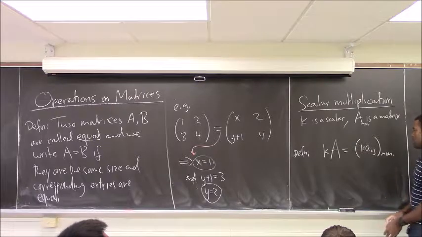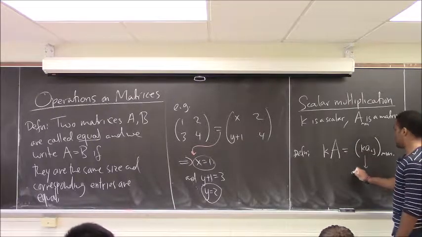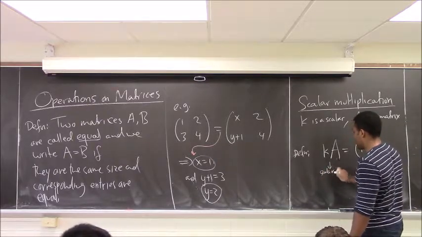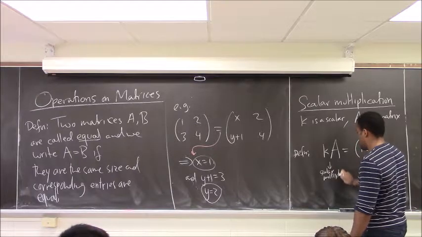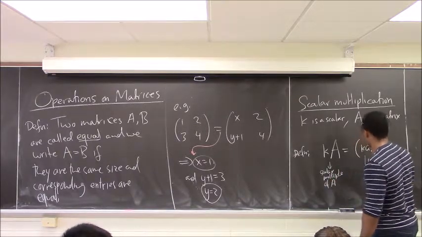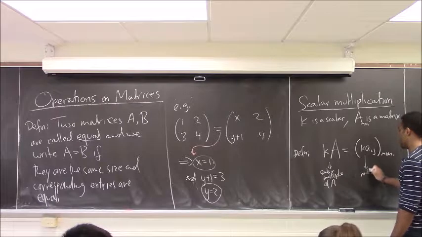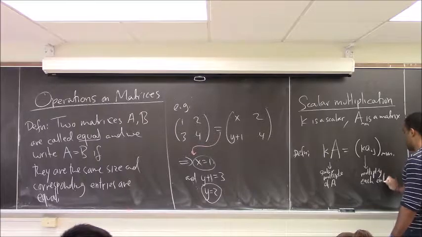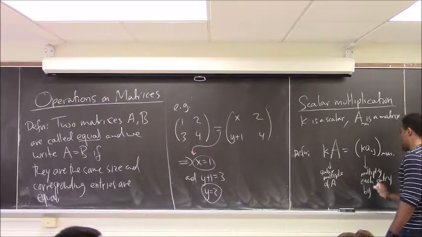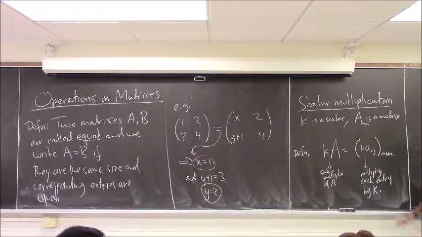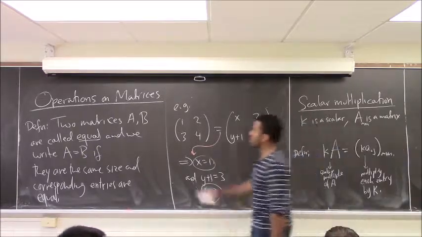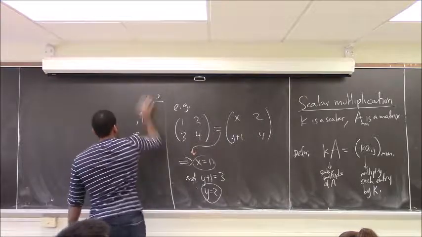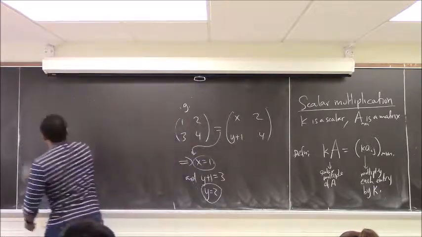This is called scalar multiplication, and this is referred to as a scalar multiple. What you do is multiply each component or entry by K. That again might seem obvious, but we'll get to a non-obvious operation pretty soon.